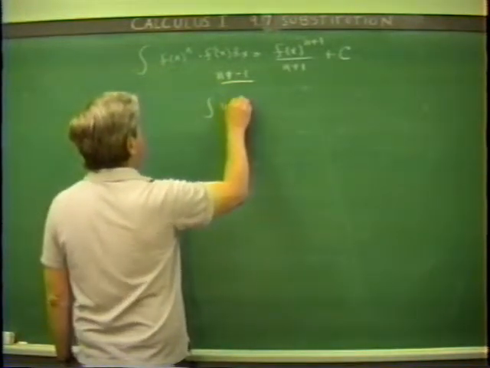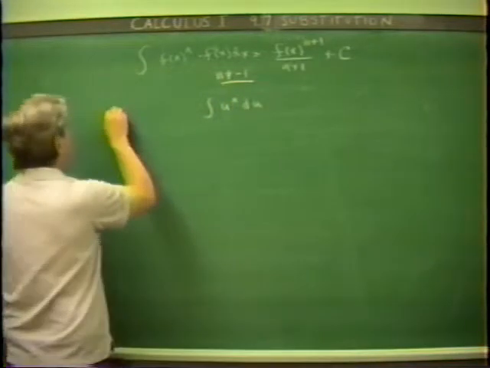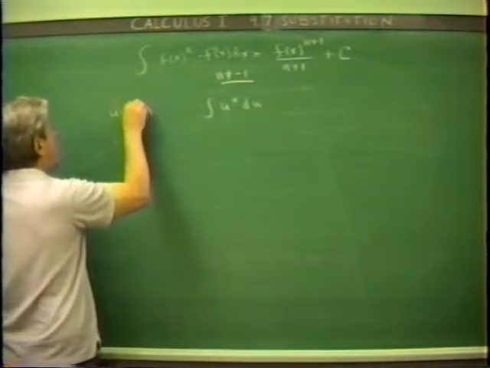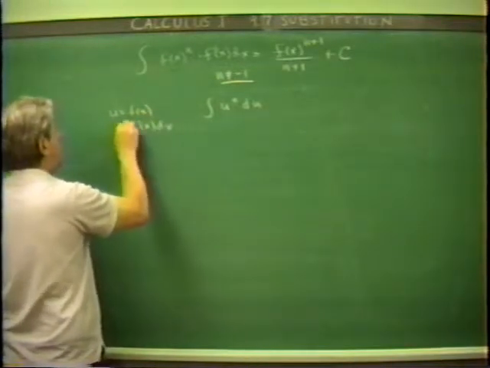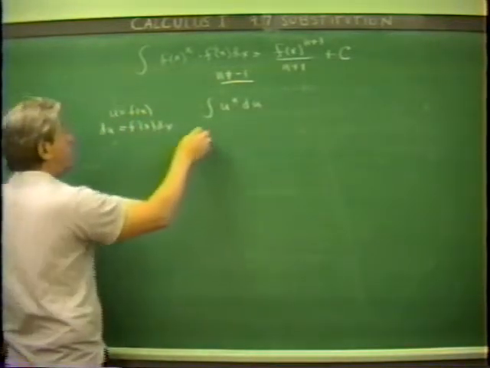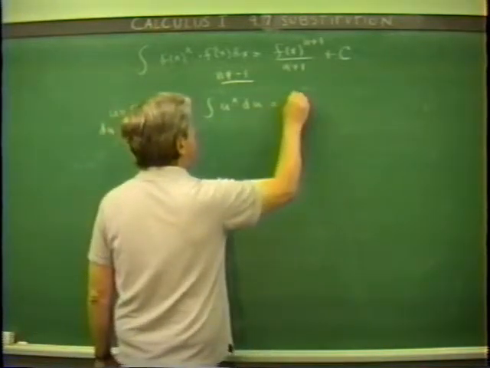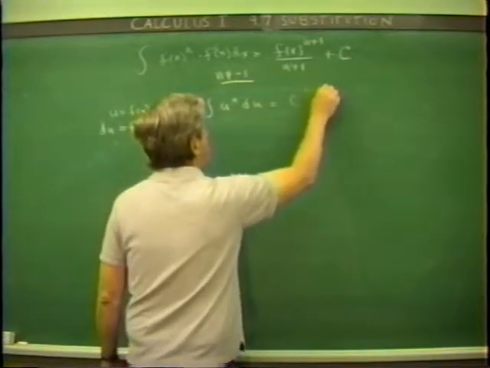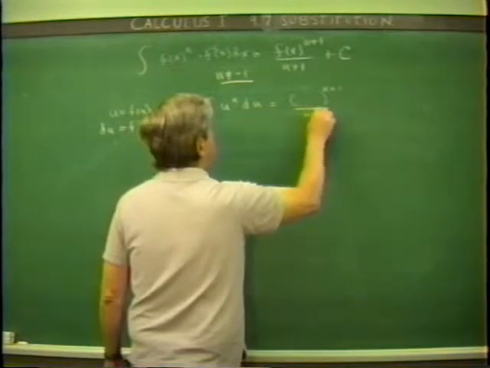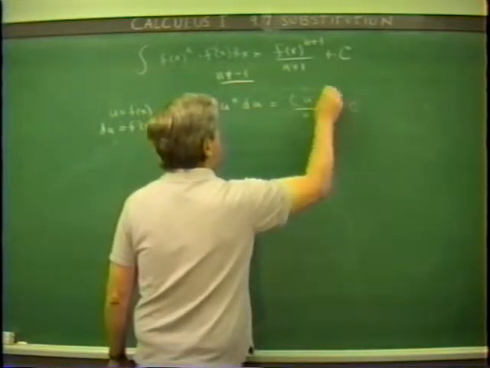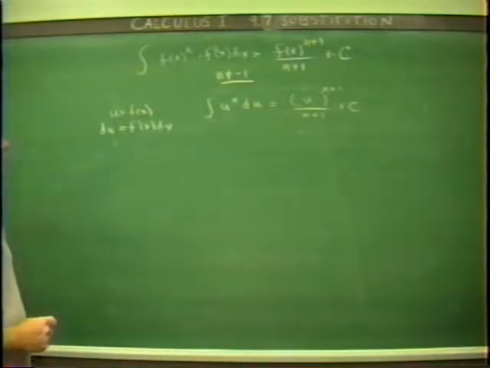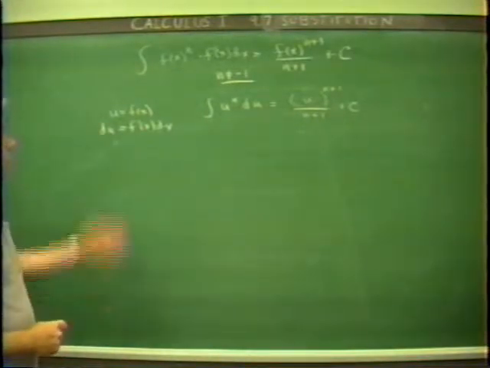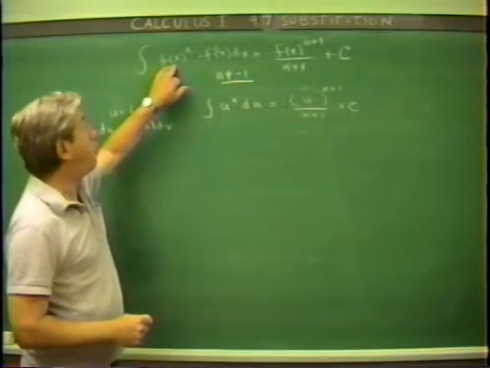And then you're going to have antiderivative of u to the n du, where u equals f of x, and f prime of x dx is du. And this is going to be u to the n plus 1 over n plus 1 plus any constant, and that gives you f of x to the n plus 1 over n plus 1 plus any constant.